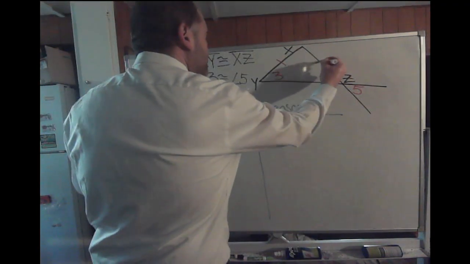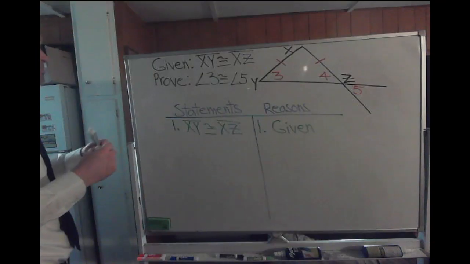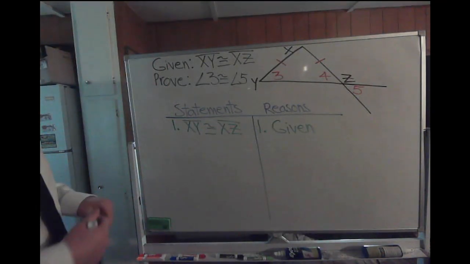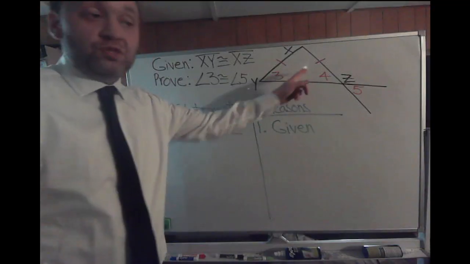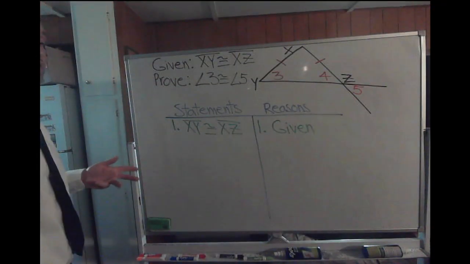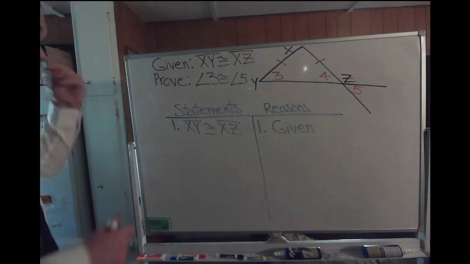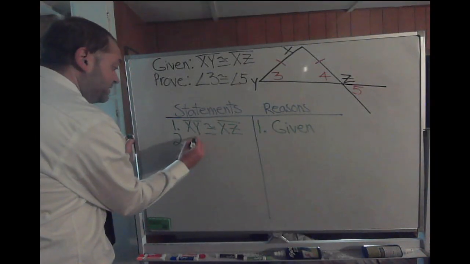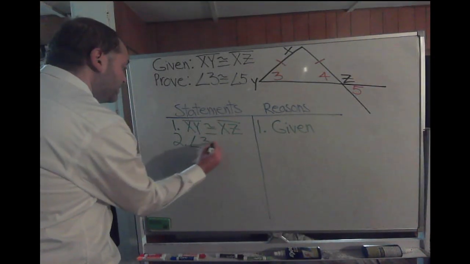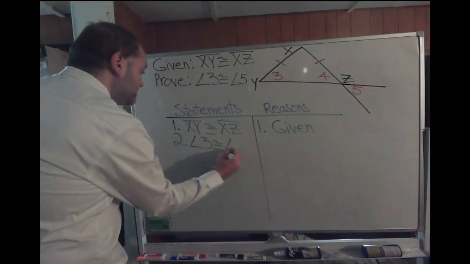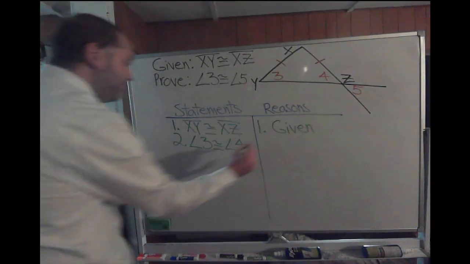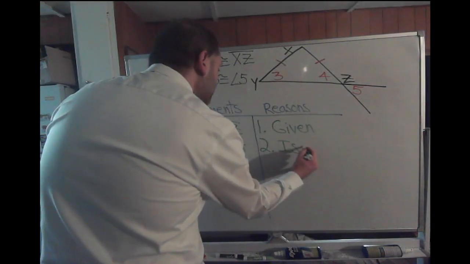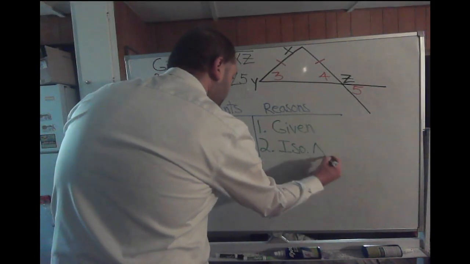So I'll mark these two sides as congruent to make it more visible to us where we're going next. Which means now triangle XYZ is an isosceles triangle, so we can apply the isosceles triangle theorem. Next would end up being then by the isosceles triangle theorem that angle 3 is congruent to angle 4. That, of course, as I just said, is the isosceles triangle theorem.